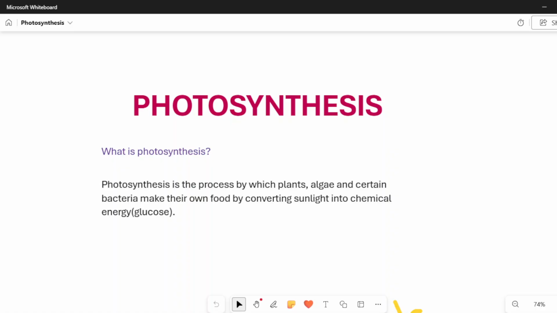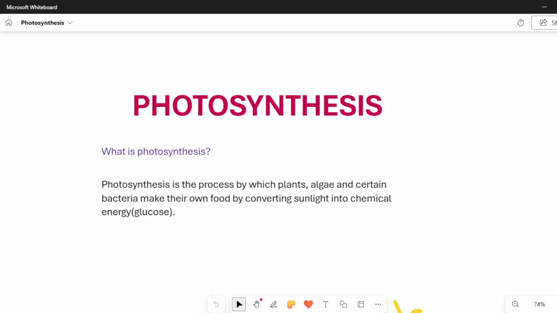So, this photosynthesis happens in the leaf of the plants. You would have heard about chlorophyll, which is a pigment which gives green color to the leaves.